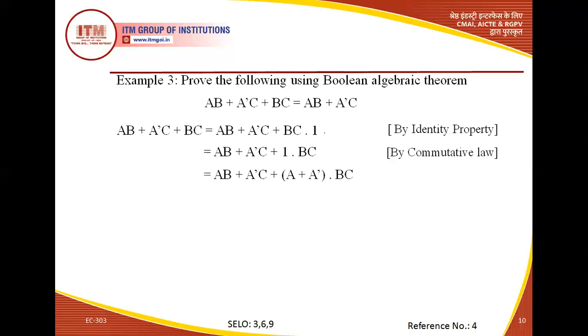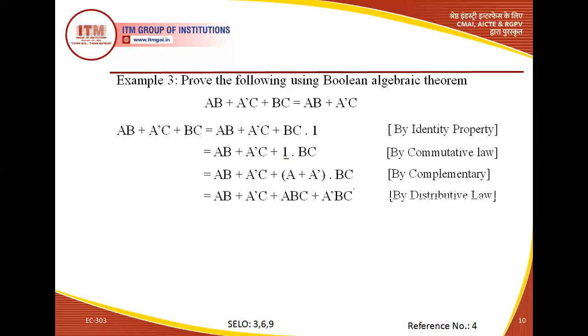Now in place of 1 we can write A + A' by using the complementary property. Now by using the distributive property we can open the bracket, so it will be ABC + A'BC.